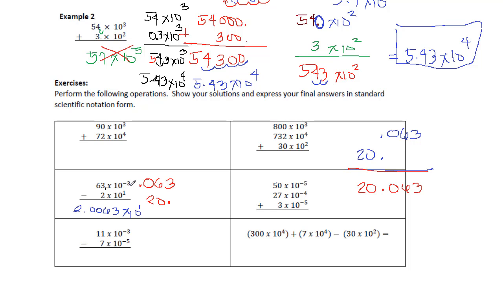Because the exponent is -3, we need to move 4 steps to the left, so this will become 0.0063 times 10 to the 1. That's the first one, and then you add them up together.